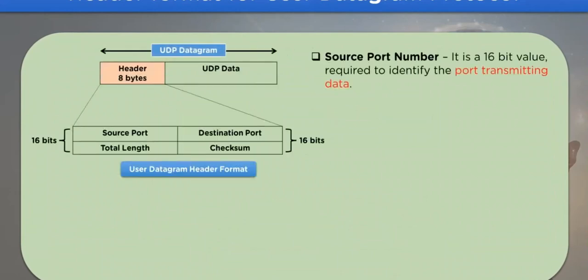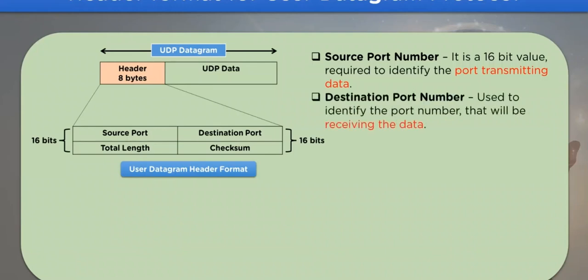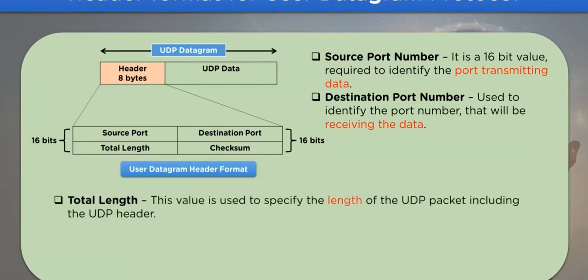The first one is source port number. It is a 16-bit value that is used to identify the port that is transmitting the data. Next is destination port number, that is used to identify the port number that will be receiving the data on the receiver end. Next we have total length.